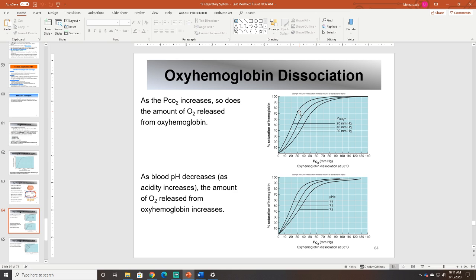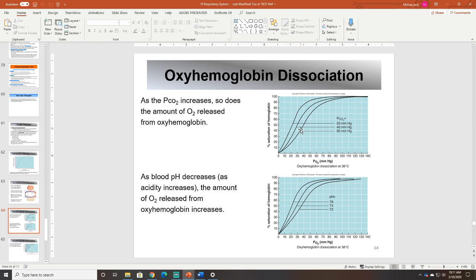And so what that means is that now we see the 75% saturation mark at 30 millimeters mercury instead of 40 for oxygen. So when CO2 is low, we are more able to bind oxygen to hemoglobin. This curve becomes more steep. In other words, oxygen binds hemoglobin better when CO2 concentrations are lower.